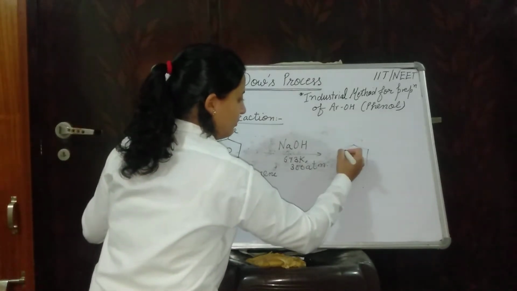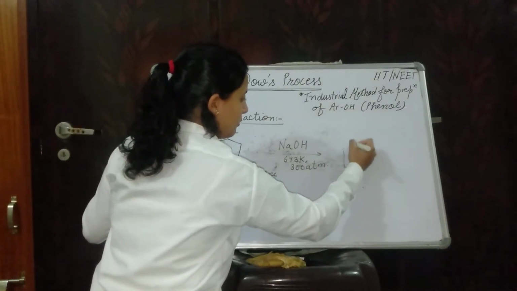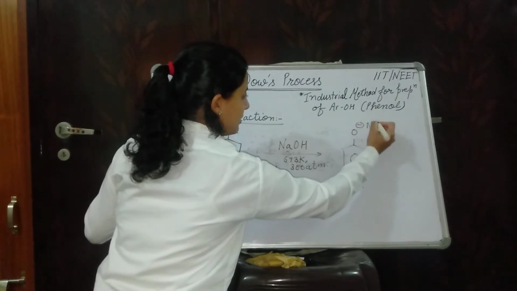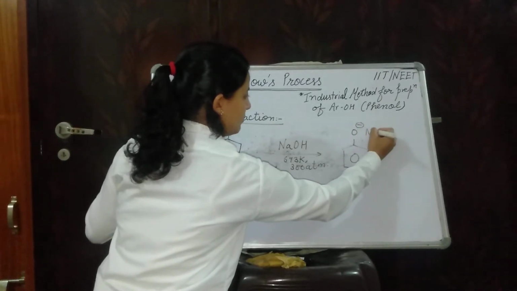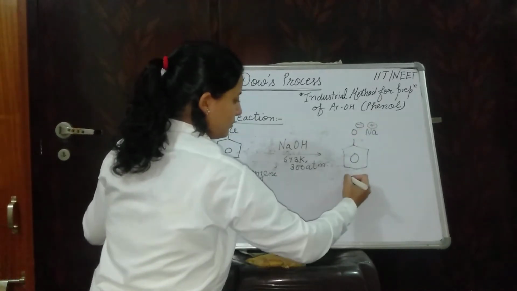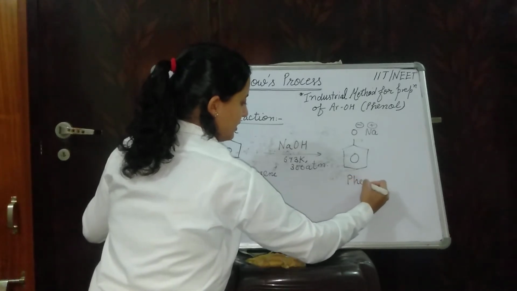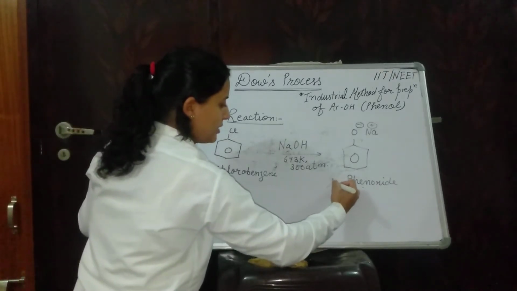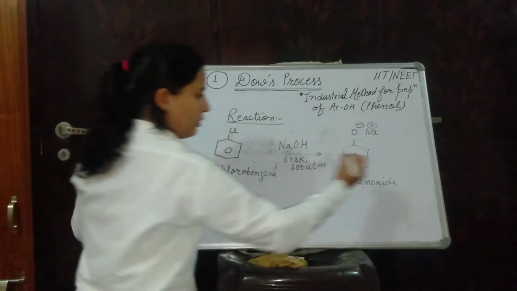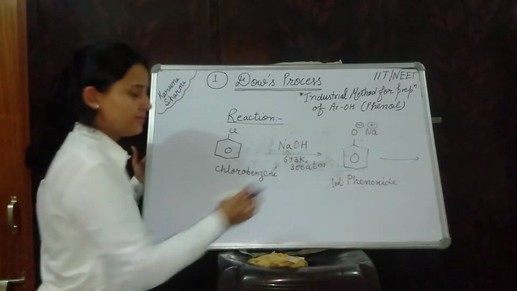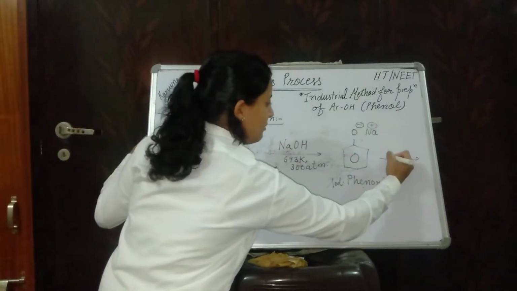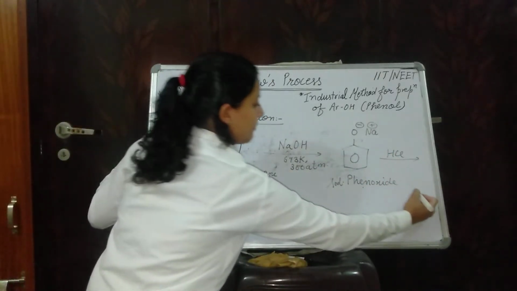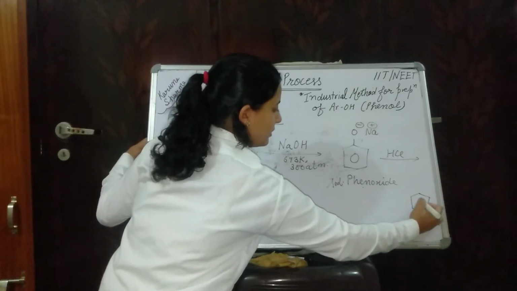Formation of phenoxide ion, O negative, Na positive. As sodium is here, you can write down this is sodium phenoxide. On hydrolysis of this phenoxide ion, there will be formation of phenol molecule.